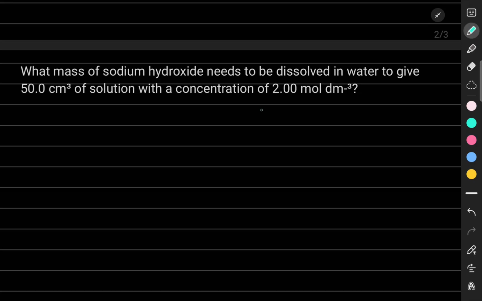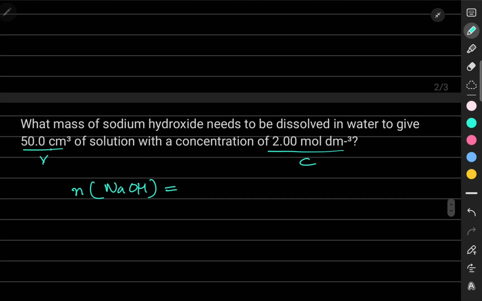You've been given the volume and the concentration of sodium hydroxide solution. So I can use this to find the number of moles. Now I told you if the volume is in cm cube, you need to divide that by 1,000.